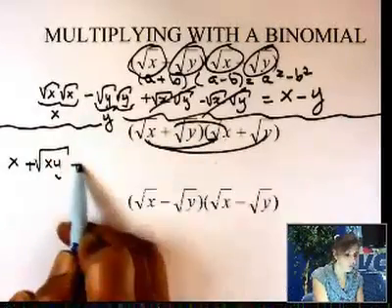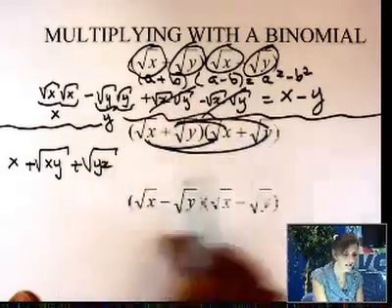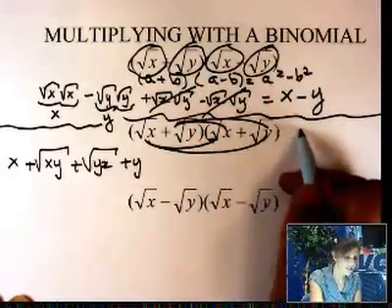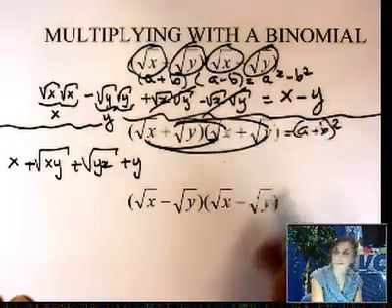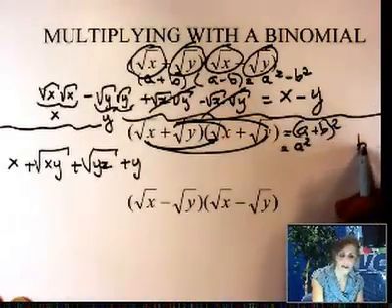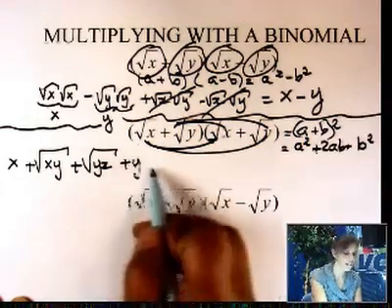These two, that's going to give you plus yx. And these two, that's going to give you y. So what you get? This one is the same as a plus b squared. Remember, if you remember the formulas, that's going to be first one squared, last one squared, and what's the middle term? 2ab.